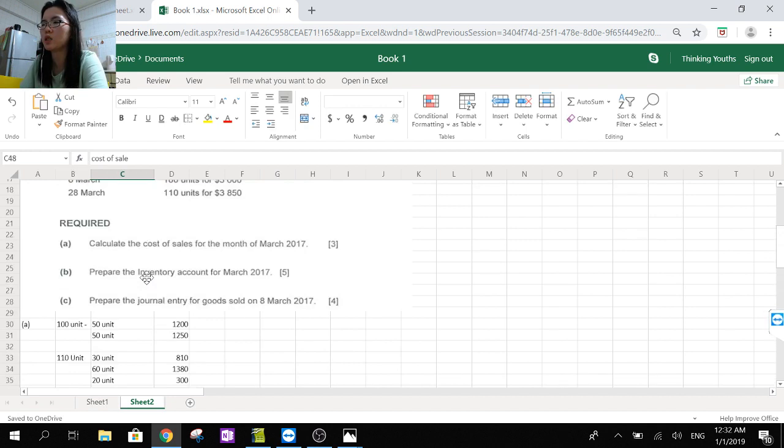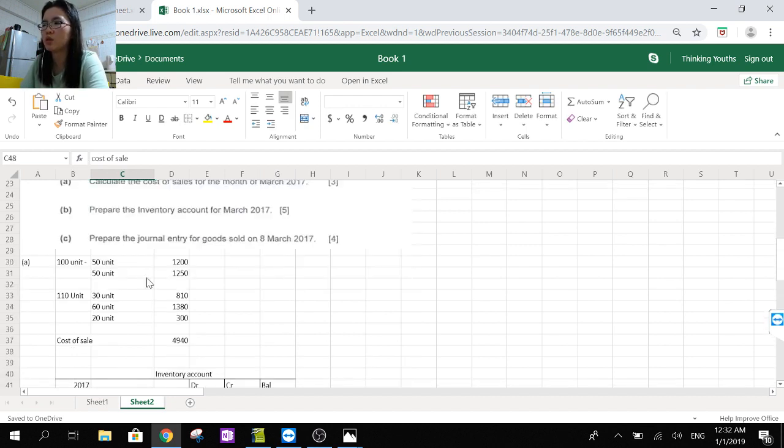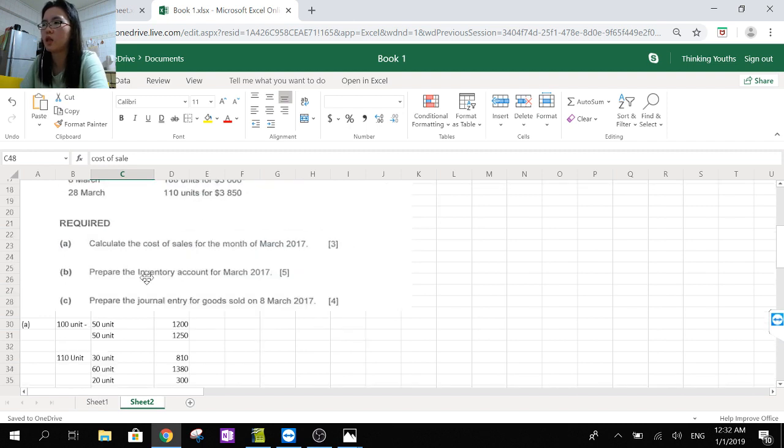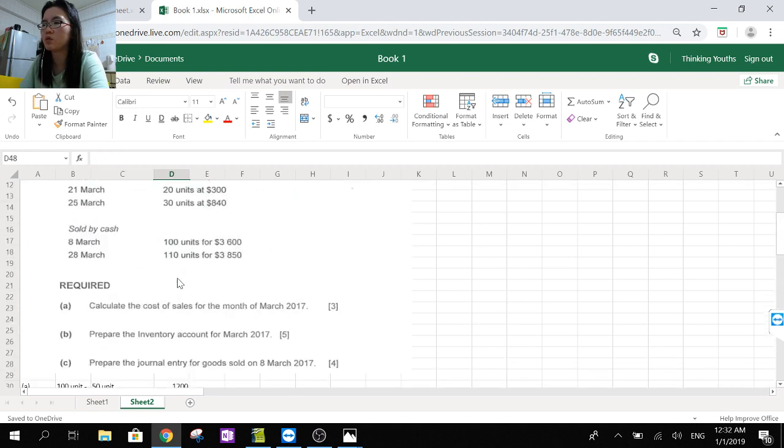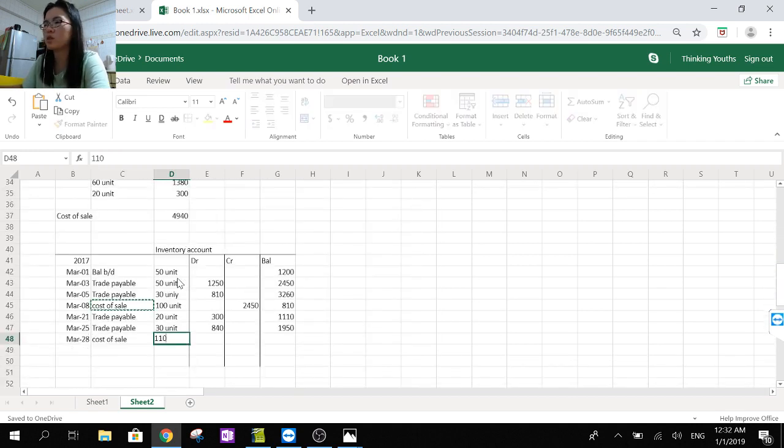Whenever you're selling, it's cost of sales, because that is the point that you capture all the goods that you are selling at the cost price. 3850 is the selling price for the 110 units.